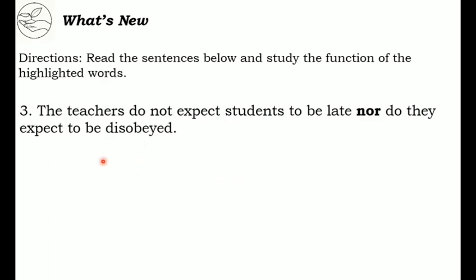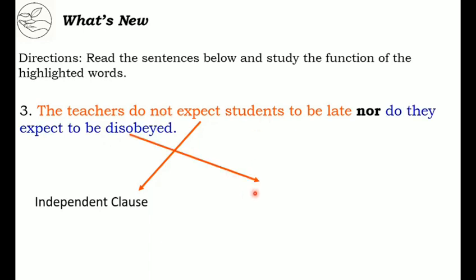All right. Number 3: The teachers do not expect students to be late, nor do they expect to be disobeyed. Now, the first part here is an independent clause because we have a subject, teachers, and we also have the predicate, do not expect students to be late. So it is an independent clause. Actually, if we remove the second part, it does not affect the first part. The second part is, nor do they expect to be disobeyed.